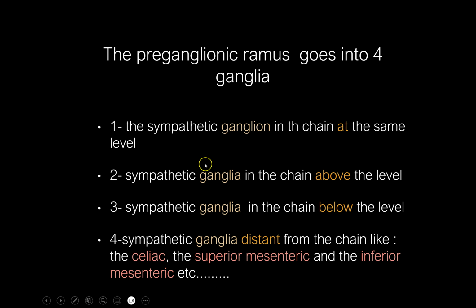And also some of the preganglionic fibers, which are short in the sympathetic system, are long, reaching distant ganglia: celiac, superior mesenteric, inferior mesenteric, and so on.